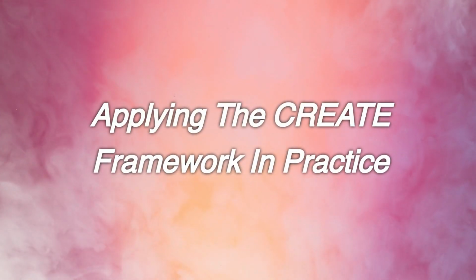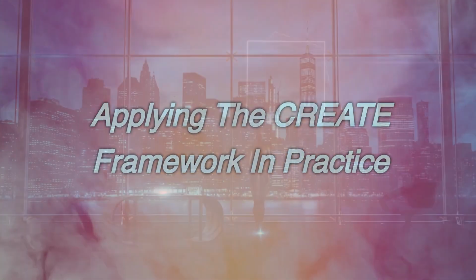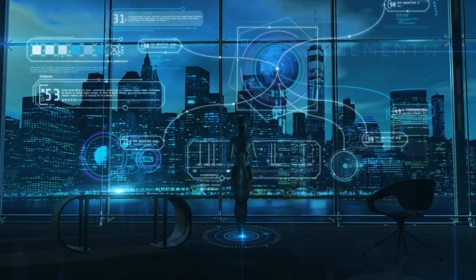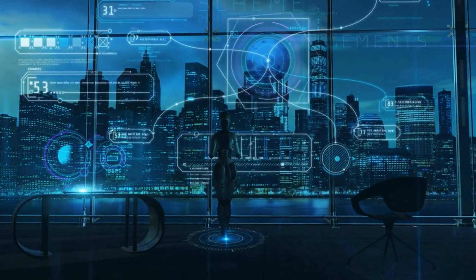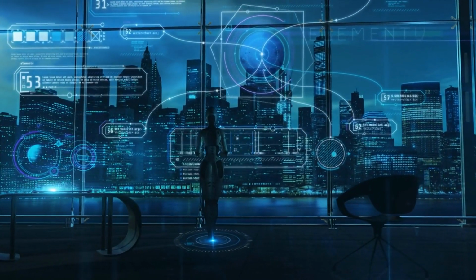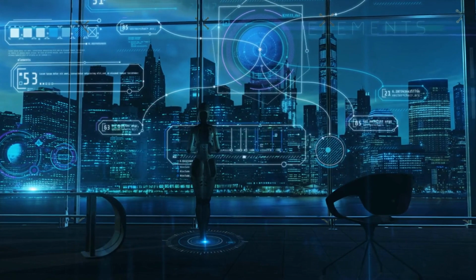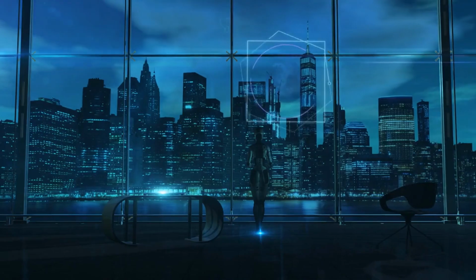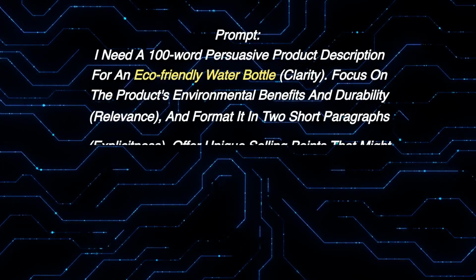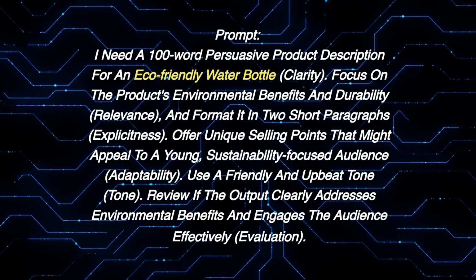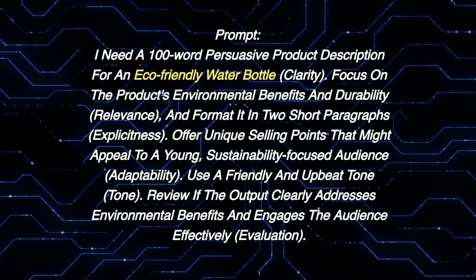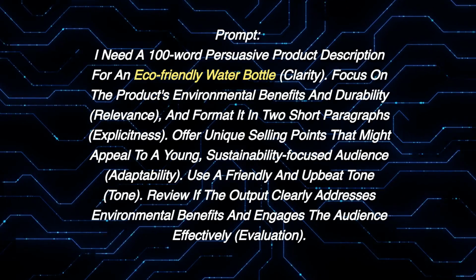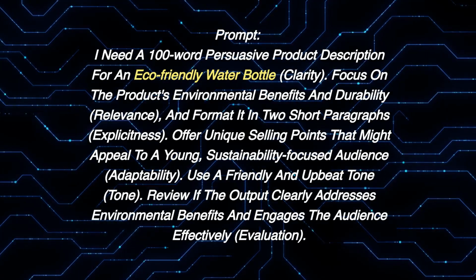Applying the CREATE framework in practice. By combining all 6 components of the CREATE framework, prompt engineers can craft prompts that are well-balanced, clear, and optimized for specific tasks. Here's an example using each aspect. Prompt: I need a 100-word persuasive product description for an eco-friendly water bottle. Clarity: focus on the product's environmental benefits and durability.